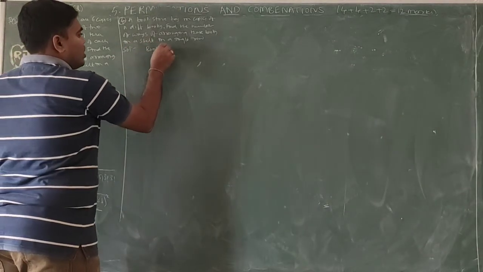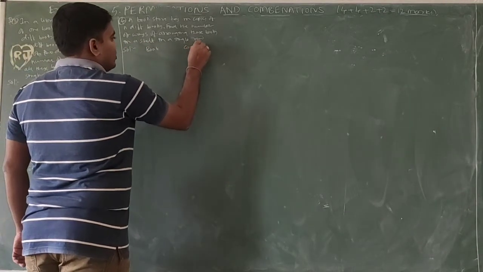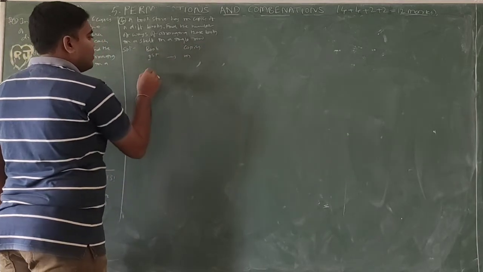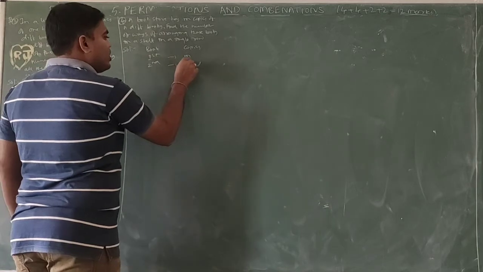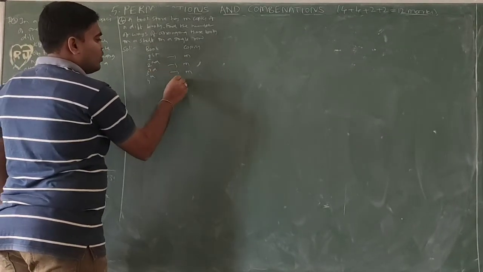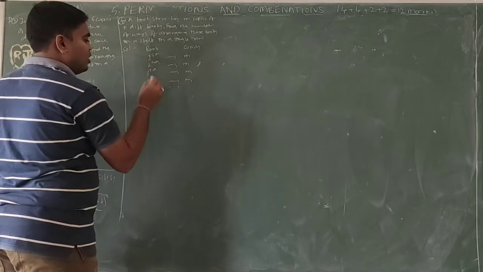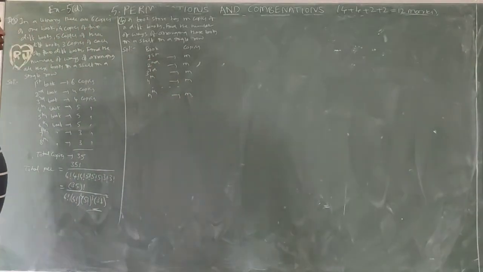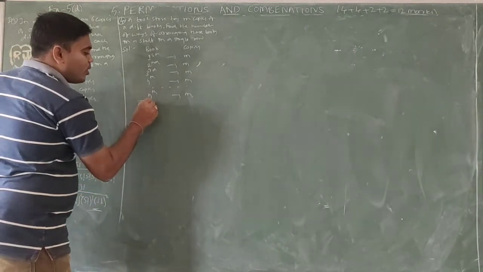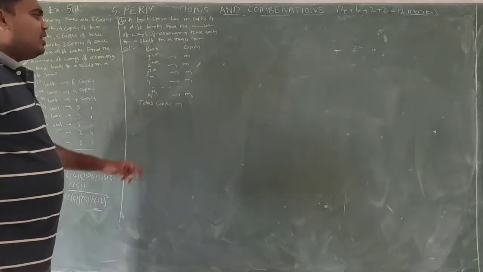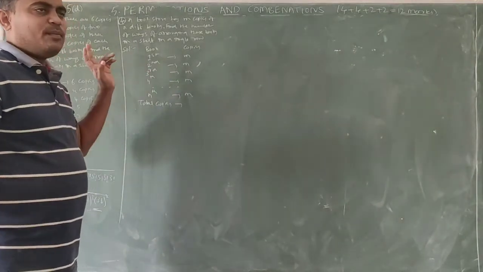Book copies. So first book, how many copies? m copies. Second book also m copies. Third book also m copies. Fourth book also m copies. Up to so on, nth book also m copies. So total copies equal to m plus m, how many times? n times.